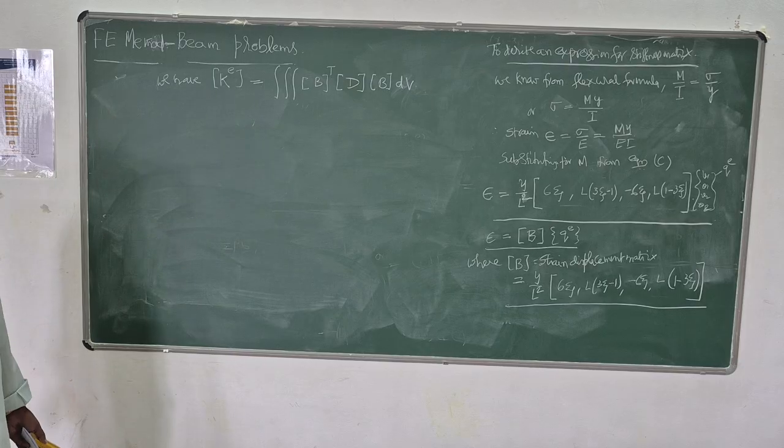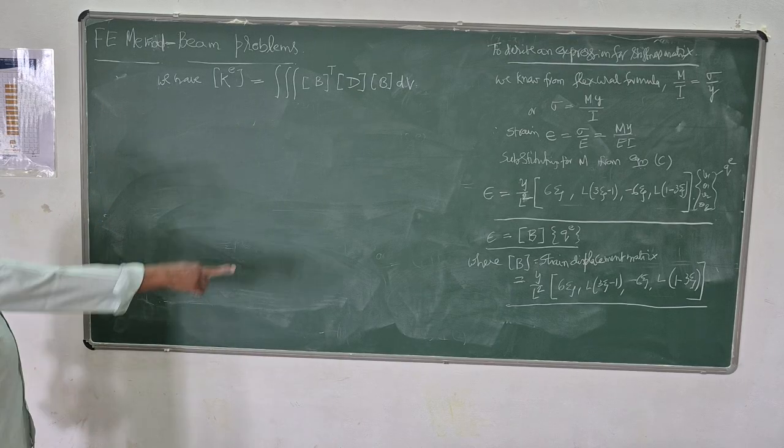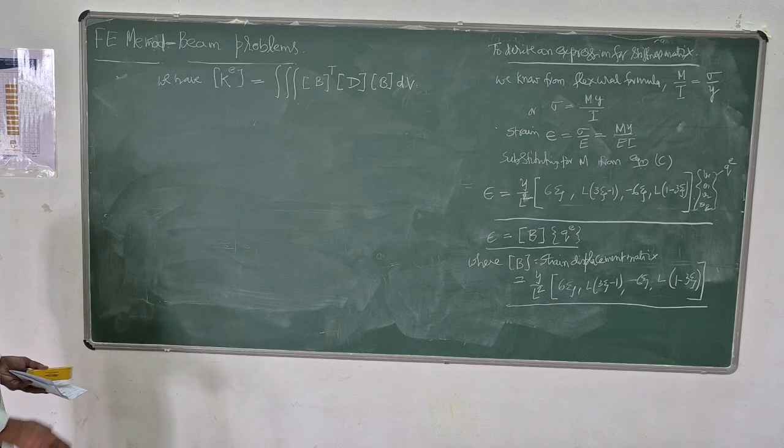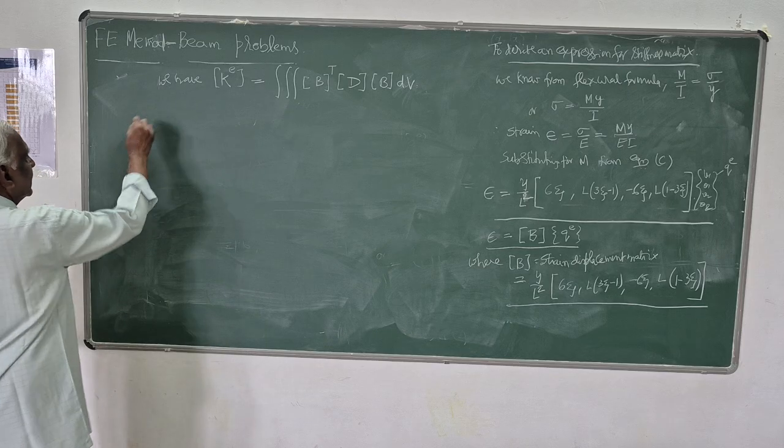We have derived here that the stiffness matrix of any element is given by this, so we can substitute that and get the value of Kb.